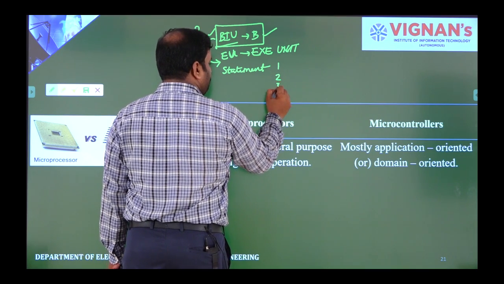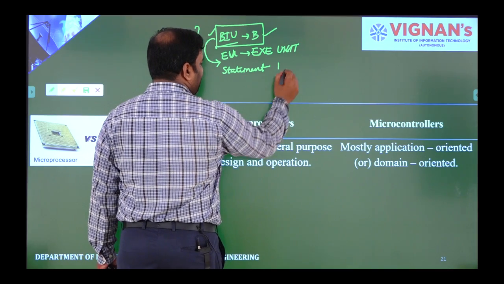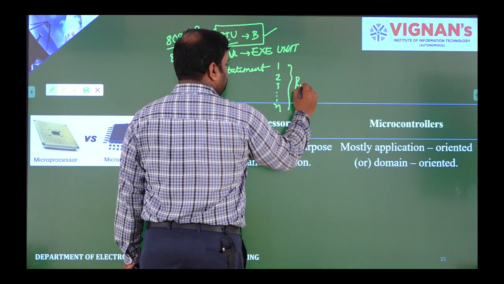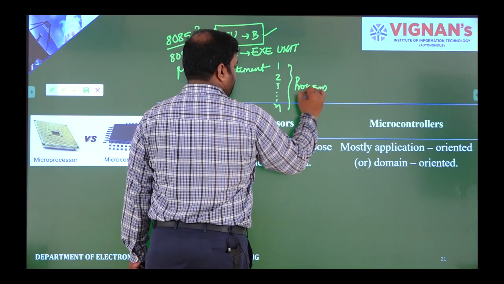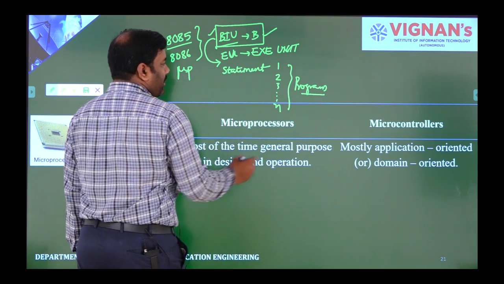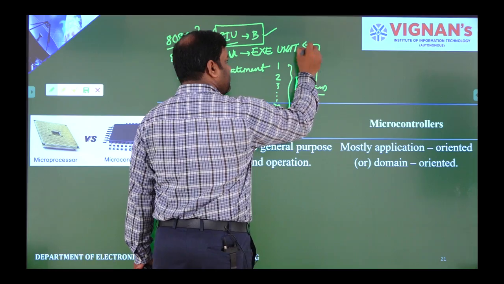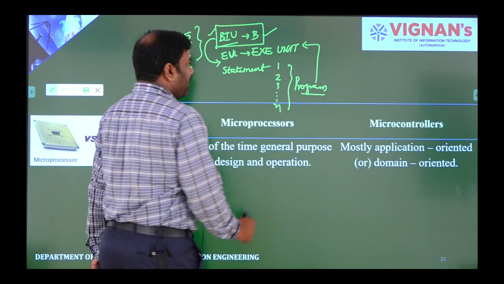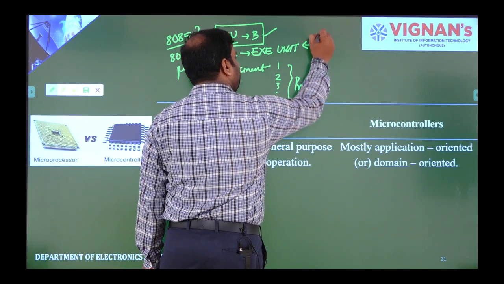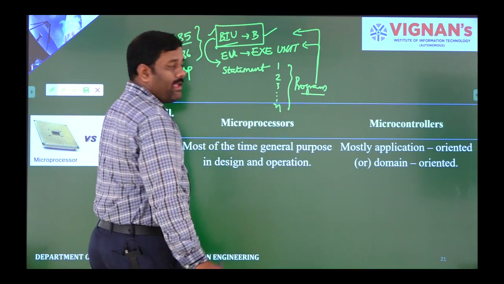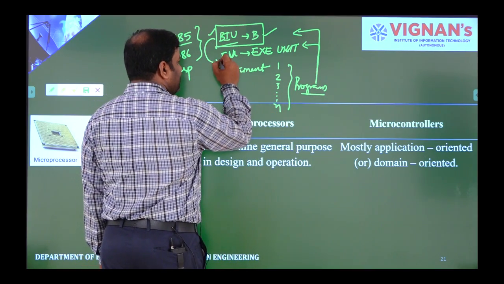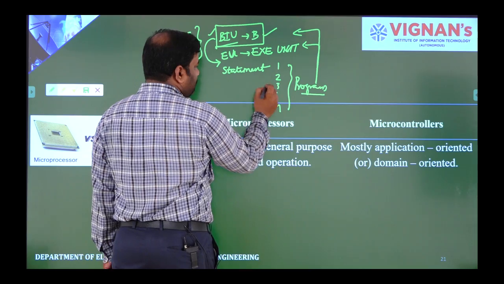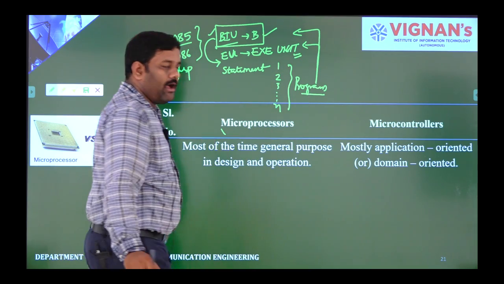Statement 1, 2, 3, so I have n lines of program. For this particular program, the entire inputs are taken from the BIU, and once the inputs are received, the execution unit will execute and produce the output.